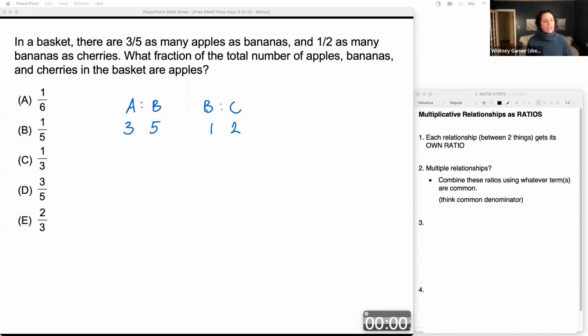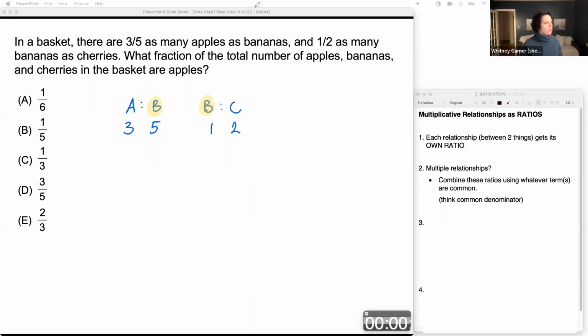If we do, then what we'll do is combine these ratios using whatever they have in common. So we're thinking of this like the ratio equivalent of common denominator. In this case, I have bananas and bananas, and that's going to be my common term. I need to bring them together, which means those numbers have to match. What I'm allowed to do with a ratio is scale it up or down so long as I multiply everything through by the same number.